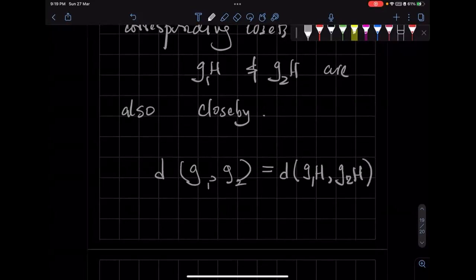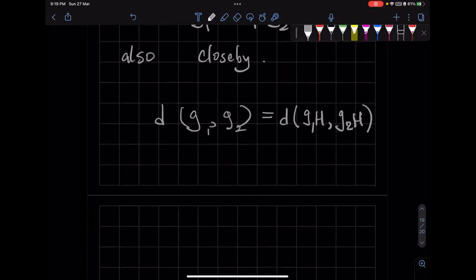So in this way, we extend the manifold structure to the coset space.